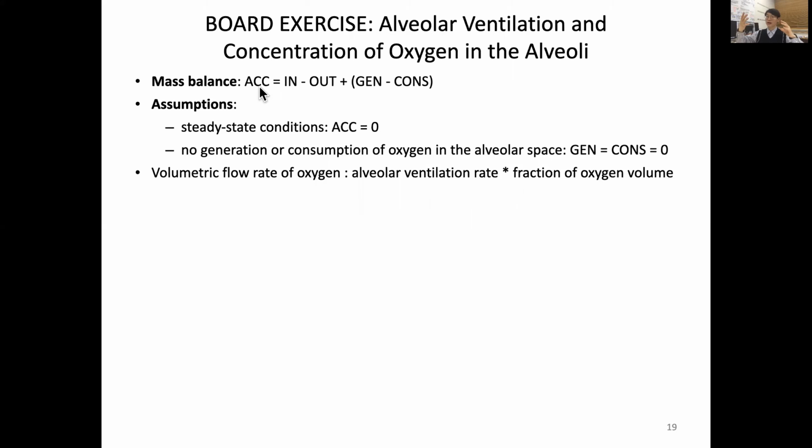But over time, in fact, we are in steady state. So the accumulation is zero, related to influx minus outflux, plus the net creation of oxygen inside this alveolar sac. We know that there's no creation or disappearance of oxygen inside the alveolus, so these terms will be zero. So we only care about the influx and outflux.